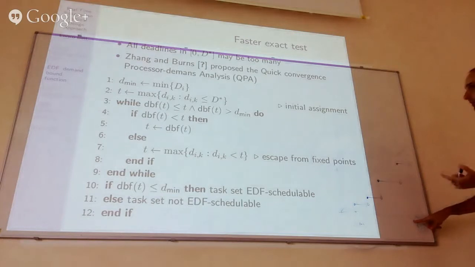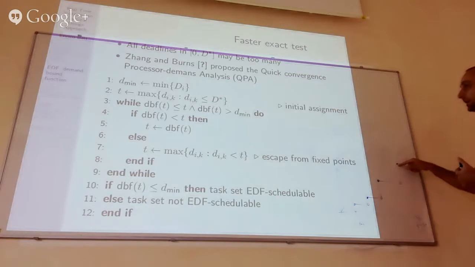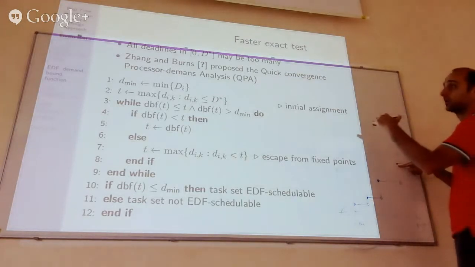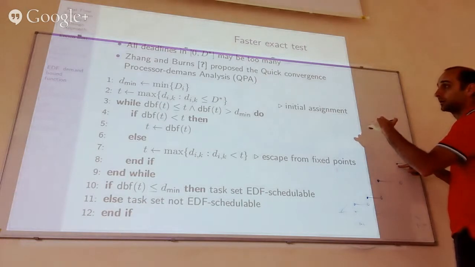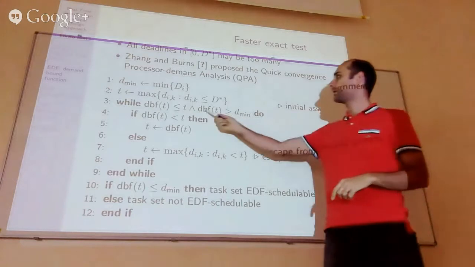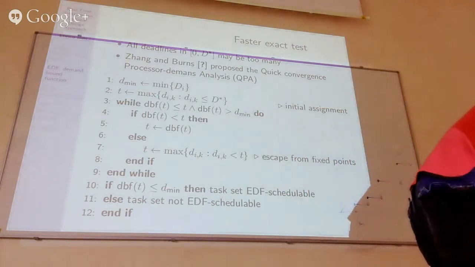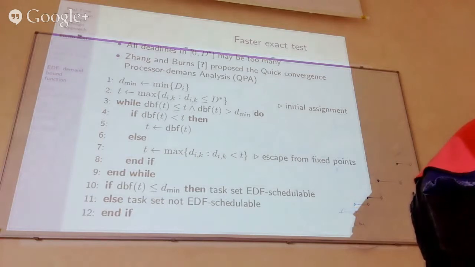We check: is the DBF at this point less than or equal to T? I don't know if it should be DBF of T or T. There's something I have to check. It's a mistake, DBF of T, but I have to check.